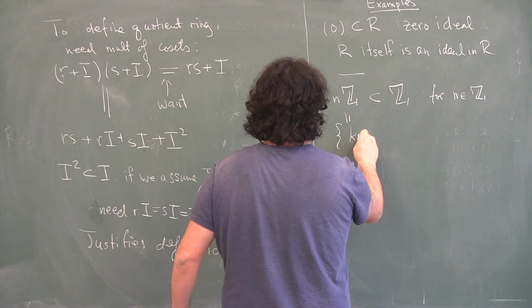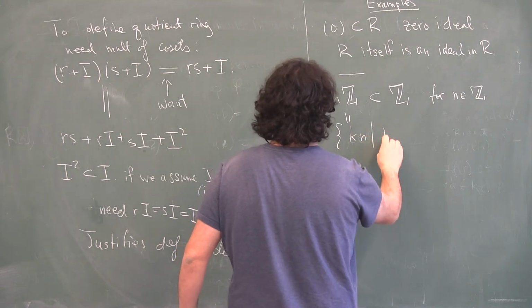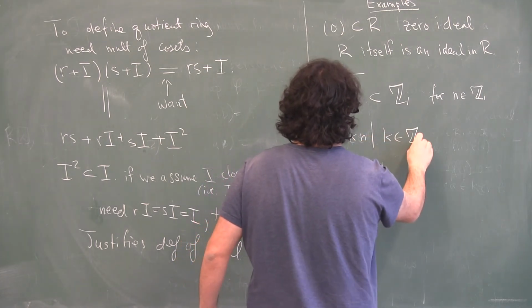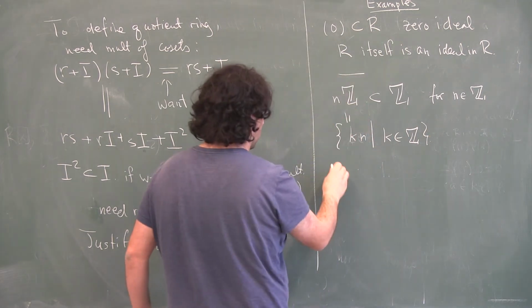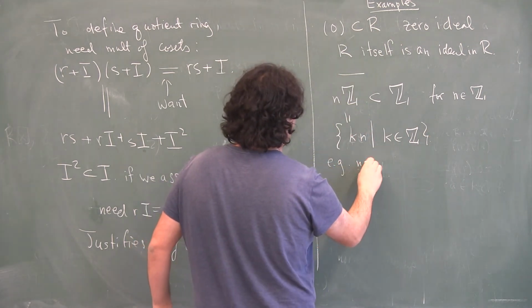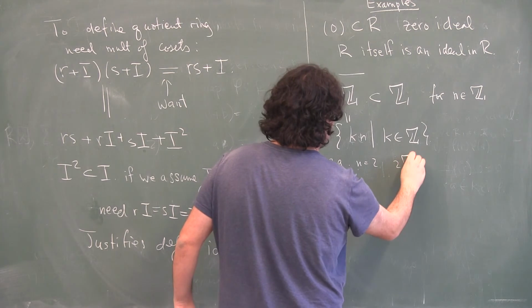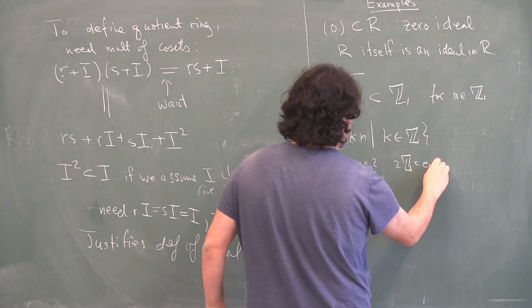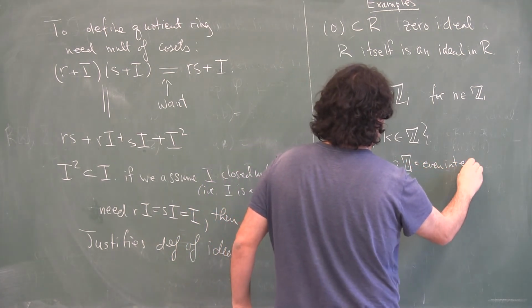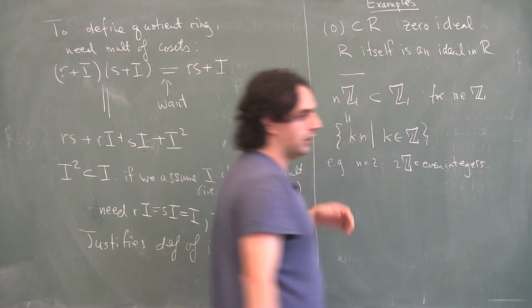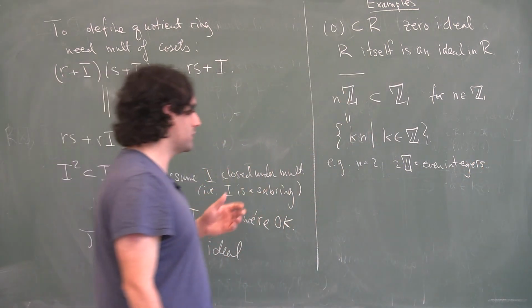So this is all the k times n with k in Z. So for example, n equals 2, 2Z, this is the even integers. Okay? And we see that these are ideals.